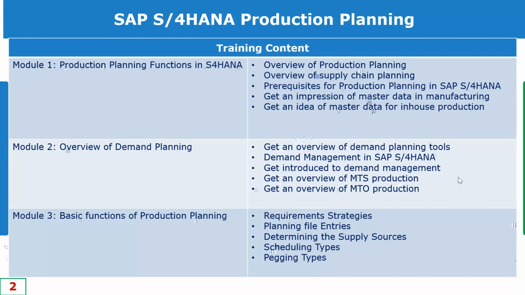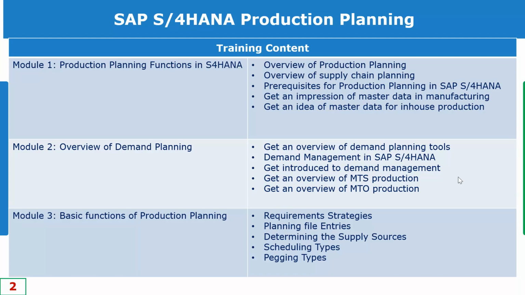So we focus a little bit on supply chain planning too, and on the prerequisites for production planning, the important master data for our manufacturing or production part, and how we create this master data. All these things we will explain in detail.